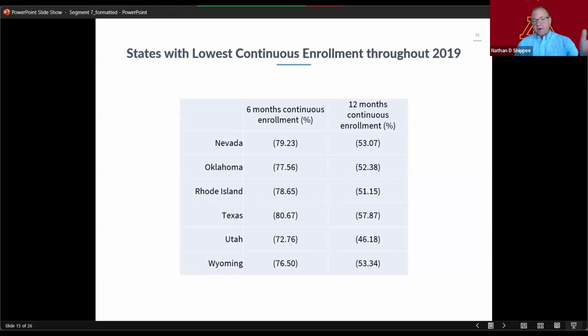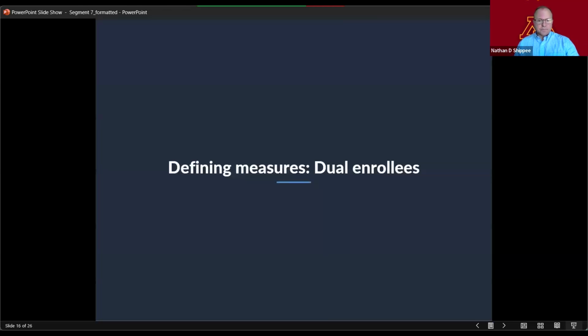How would these percentages compare? Because again, this is a numerator-denominator issue. You can see the difference in 6 months and 12 months in the numerator, but how you define your denominator is going to make a big difference. So this is just another example of how those decisions can end up playing out in terms of your estimates.